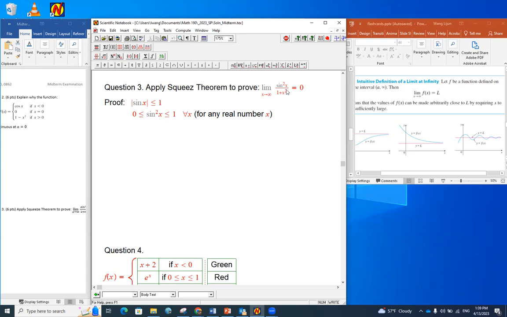And then you can divide every side by 1 plus x squared, because x squared is going to be at least 0. 1 plus x squared is always going to be positive.